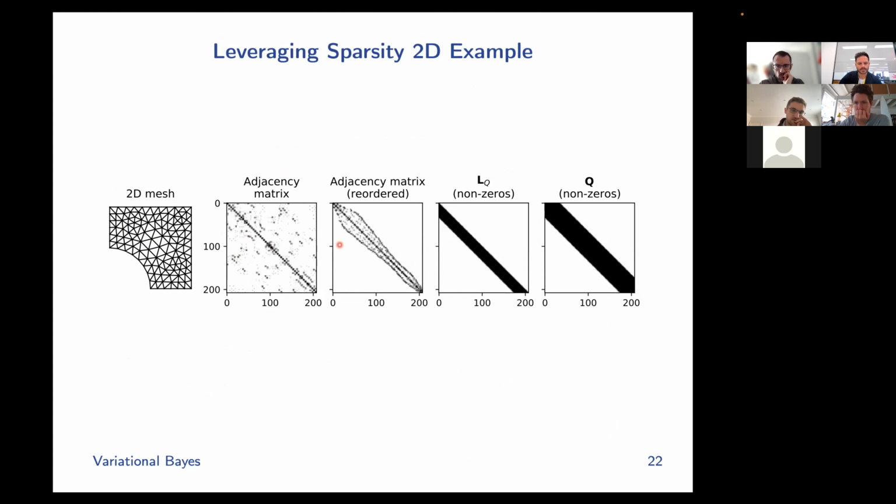Of course, this is not looking great because it's not exactly a banded matrix. So what we can do is reorder the elements and then we obtain a matrix with a much lower bandwidth.